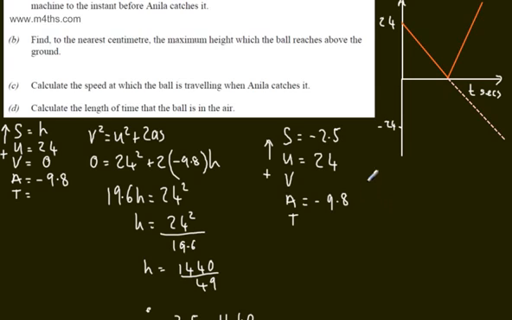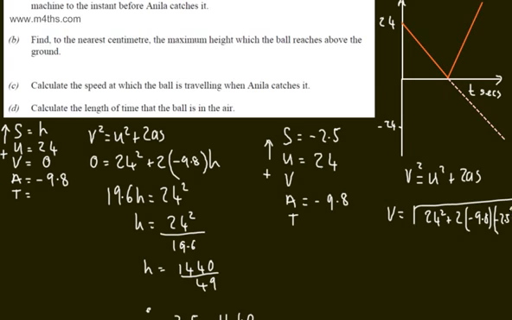So we want the speed. So again, using v squared is equal to u squared plus 2as. I'm going to have now v, and remember we're taking the speed, so it'll be the positive root of u squared, which is 24 squared, plus 2 lots of minus 9.8 multiplied by minus 2.5, which of course will give us a positive value when we multiply these two.